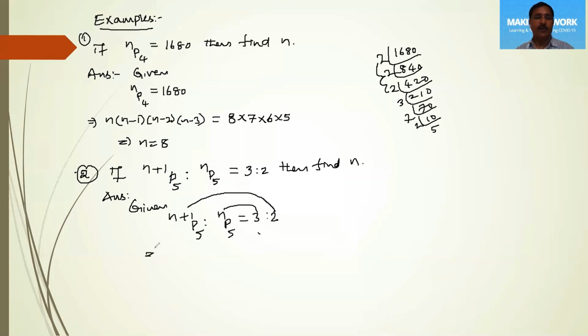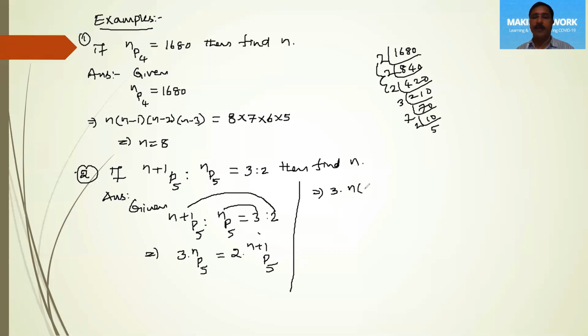So this is 3 into nP5 is equal to 2 into n plus 1 P5.